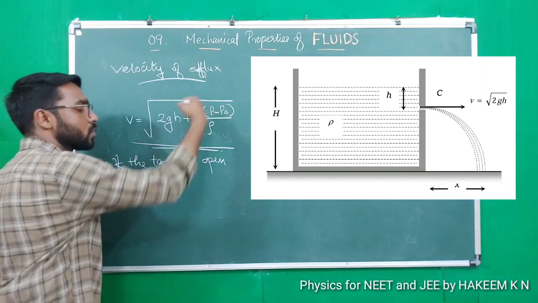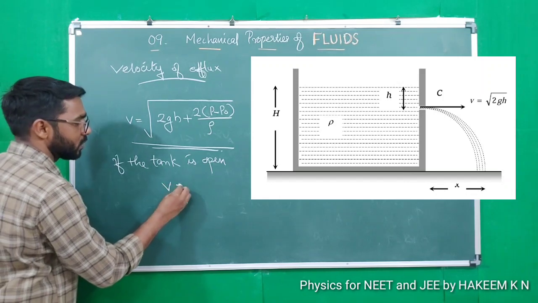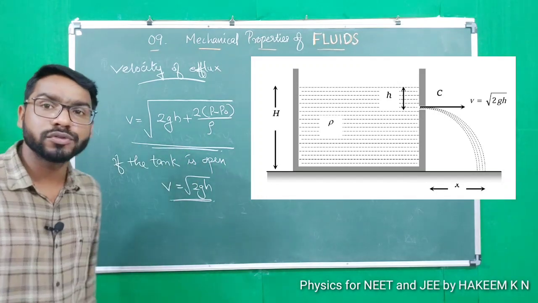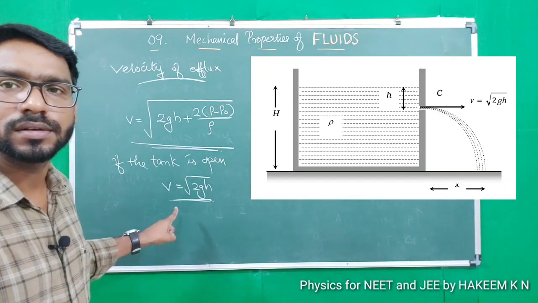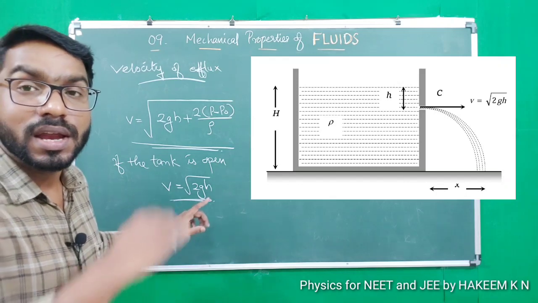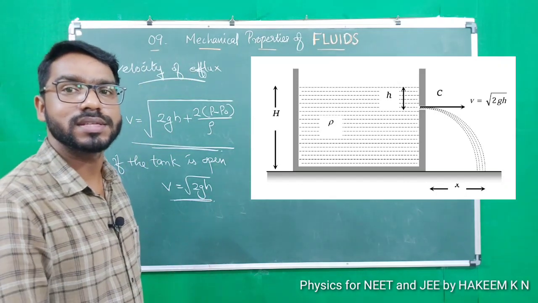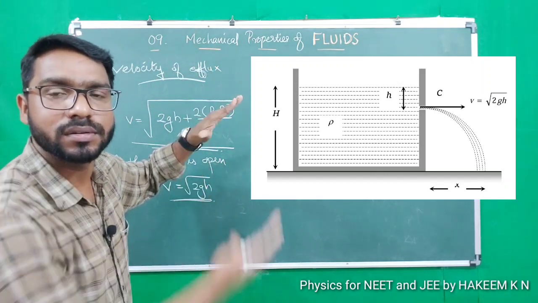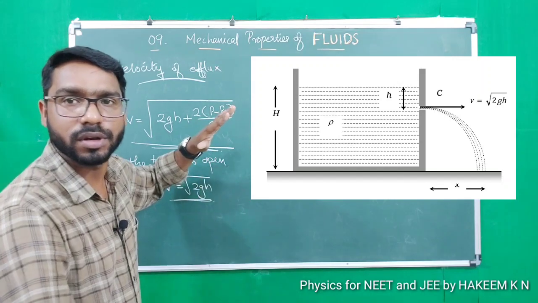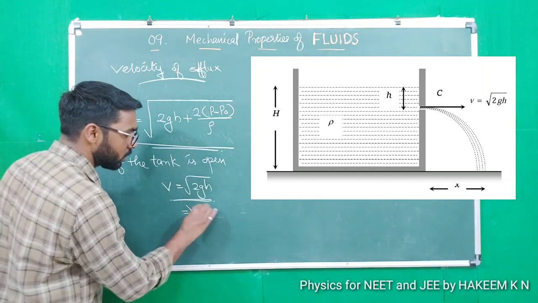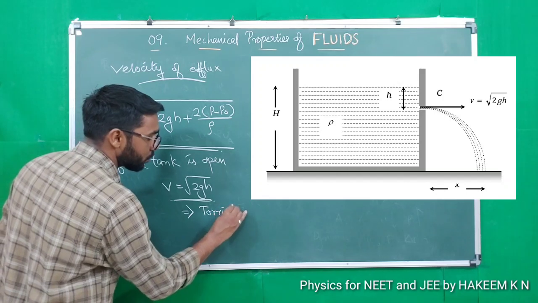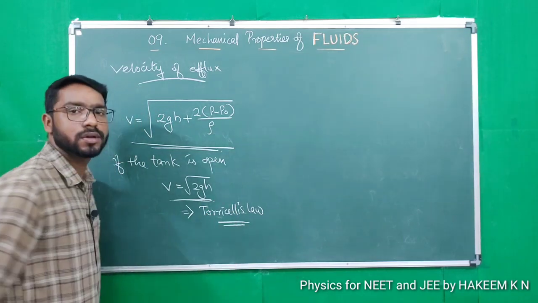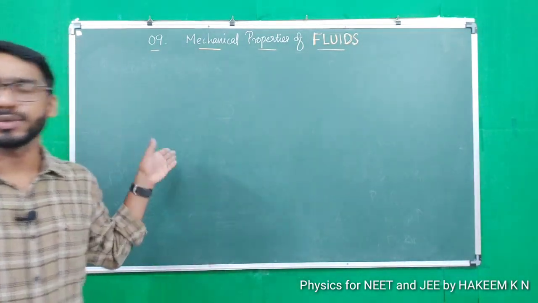So this term will be 0, and we get velocity of efflux equal to root of 2gh, where h is the depth of the hole from the liquid surface, not from the bottom. This is called Torricelli's law.